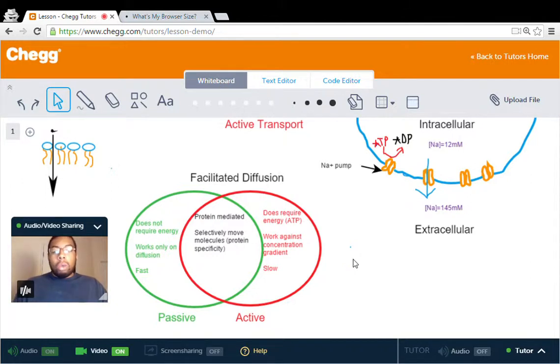And with both types of facilitated diffusion, it's going to selectively move molecules in or out of the cell. And when we say selectively move these molecules, it's really just referring to the protein specificity for the specific substrate that it's going to be moving. And that's an important point. Different proteins are going to be able to let different kinds of molecules pass.